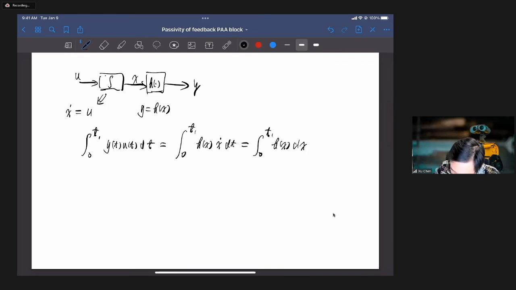And it's going to be h of x times x, now using calculus again, minus the integration of x dh of x.